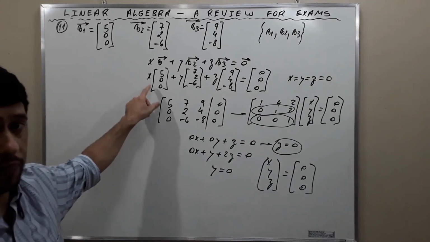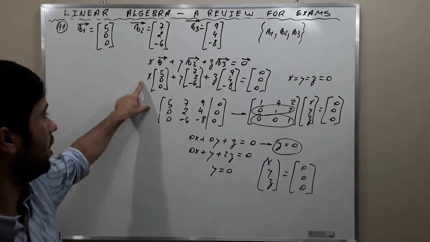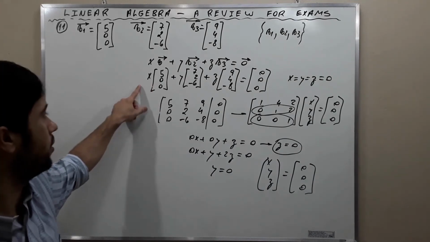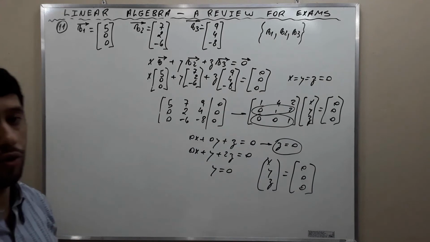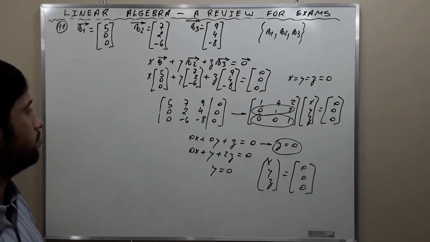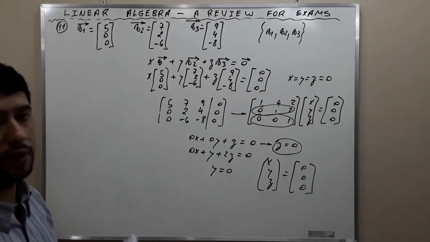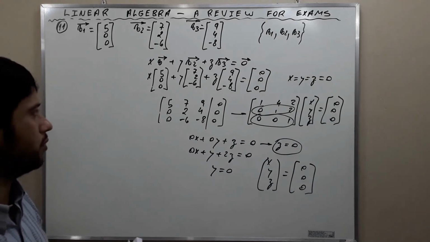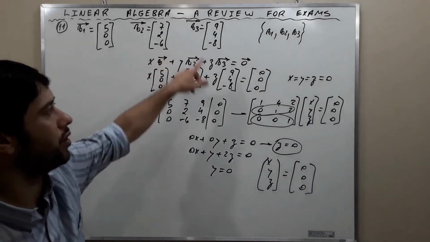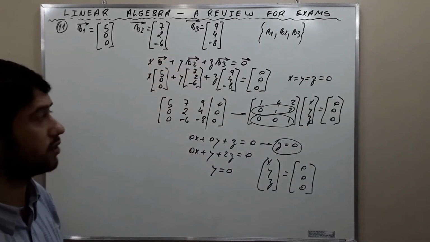If there was a non-trivial solution, then we could confidently say that they are linearly dependent, okay? One of the vectors could be written as a linear combination of the others.